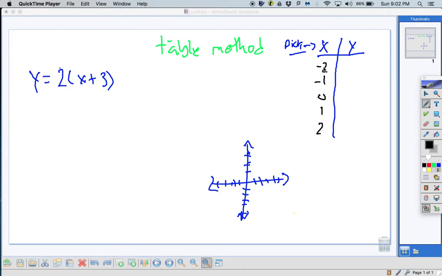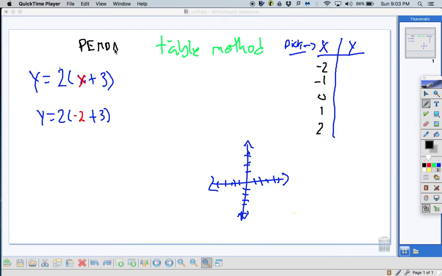Okay, so we're going to take these and plug them in. Wherever you see that x, we're going to put in that -2. First off, I'm going to rewrite the rest of this. And now, where that x is, we're going to replace it with -2. See how that -2 is right where that x is? And now we have to solve it. We do everything inside parentheses first, because don't forget about PEMDAS.